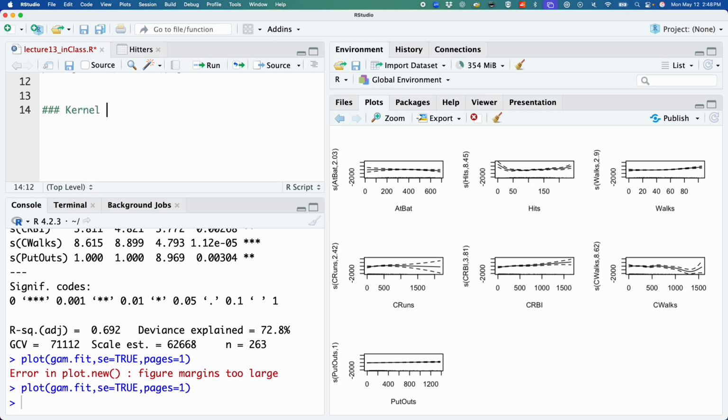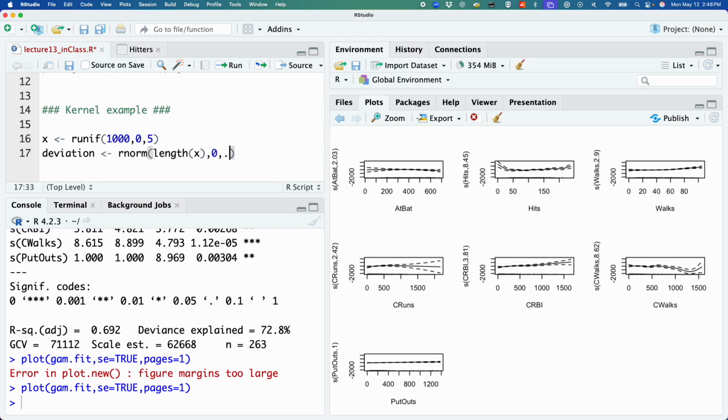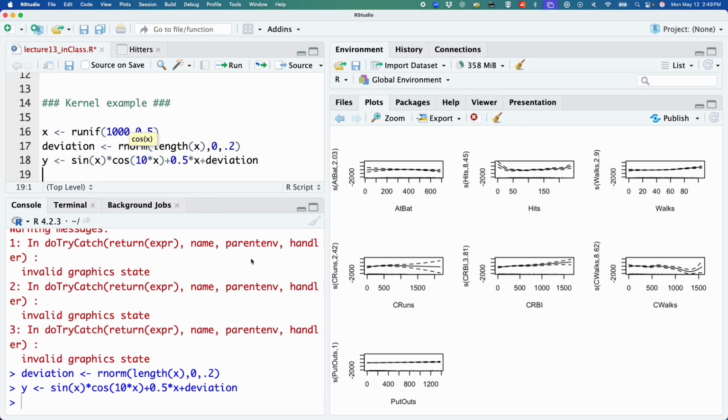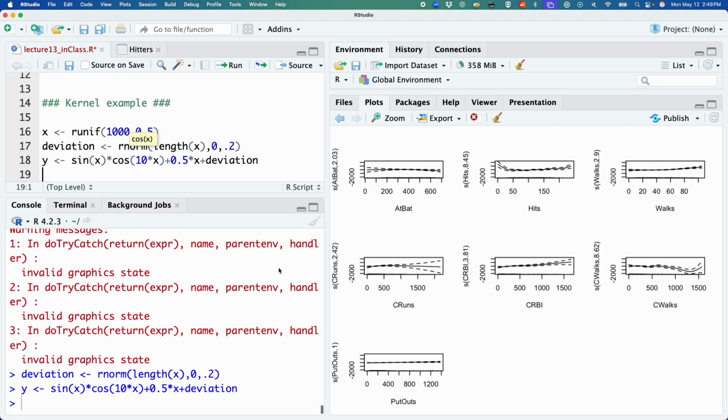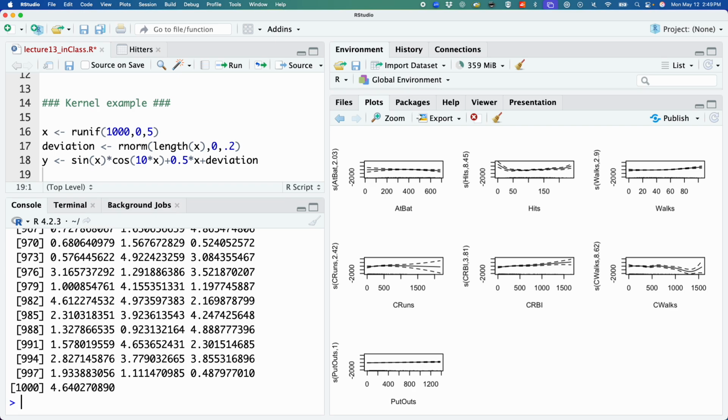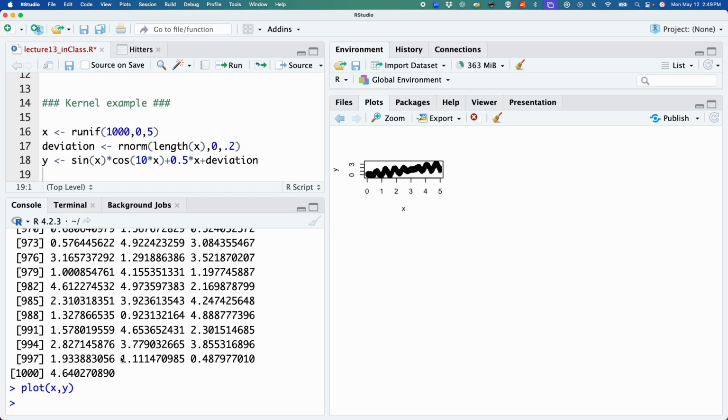Kernel example. I'm going to do this whole thing again.